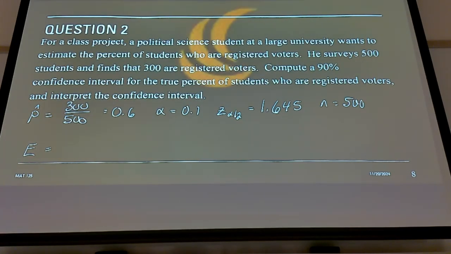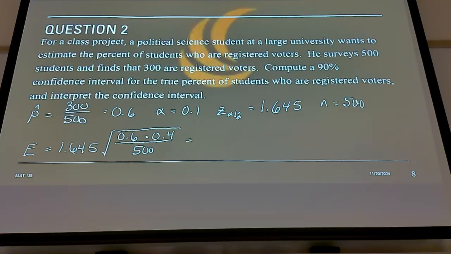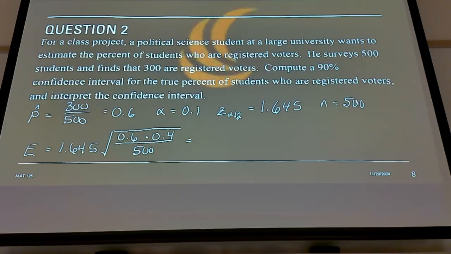Margin of error. 1.645 times the square root of 0.6 times 1 minus 0.6, all over 500. That's 0.0360.